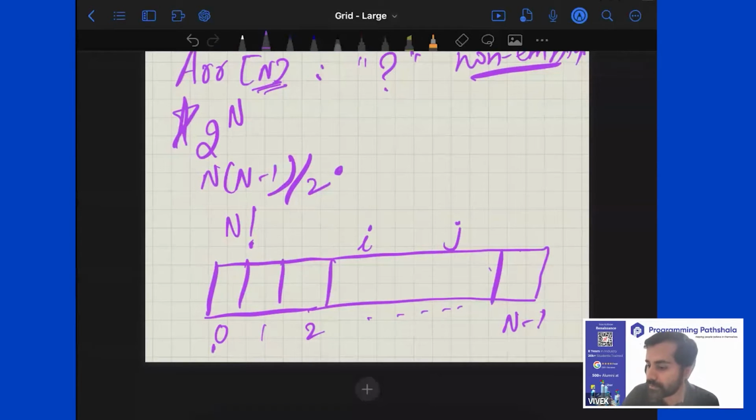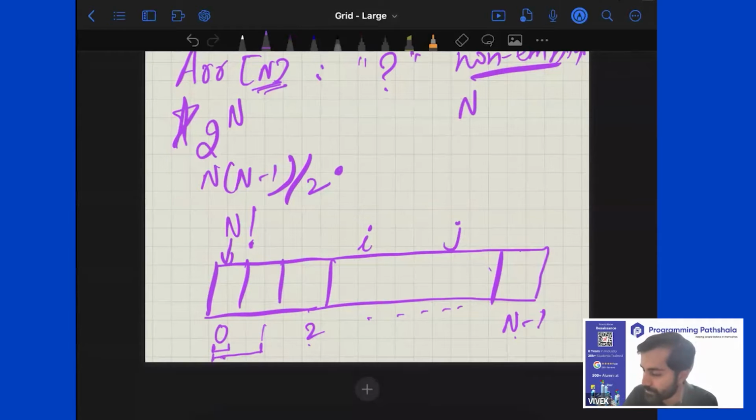The first one starts at 0, ends at 0. The next one starts at 0, ends at 1. Then starts at 0, ends at 2. Then starts at 0, ends at n minus 1. How many such arrays are you able to see? There are n of those, right?